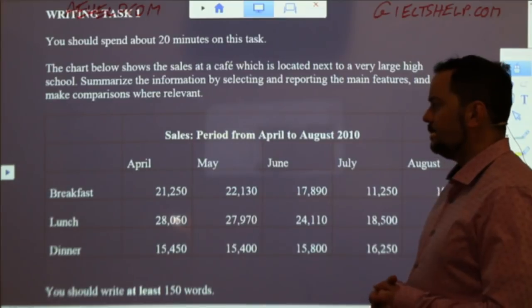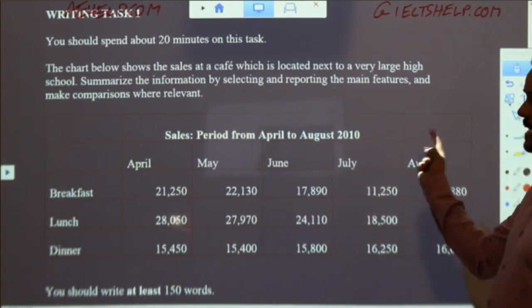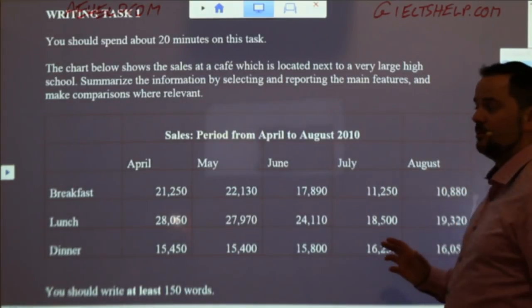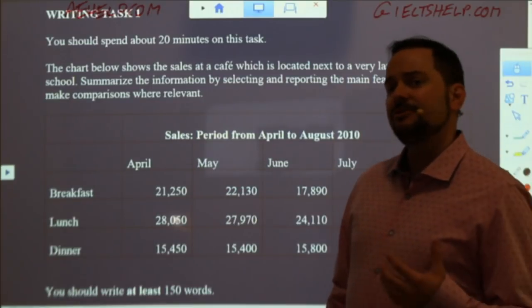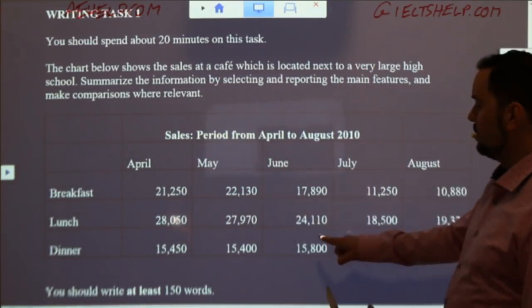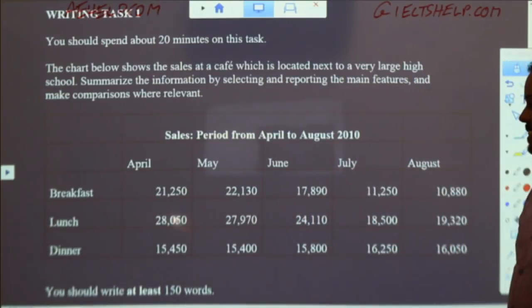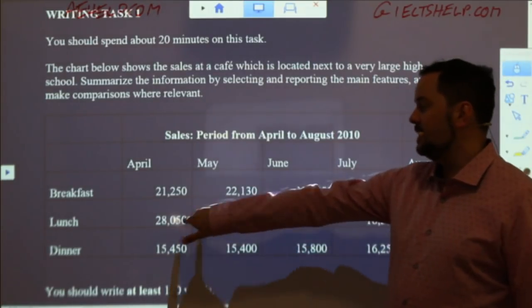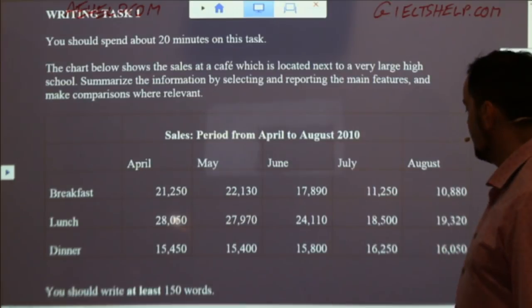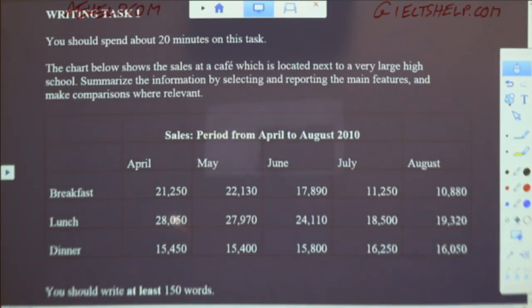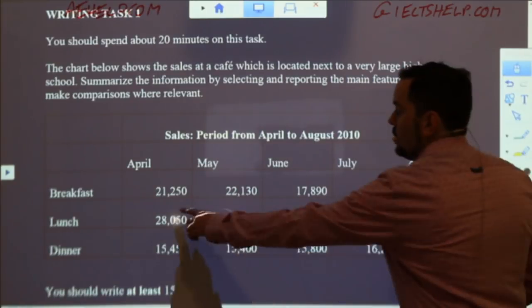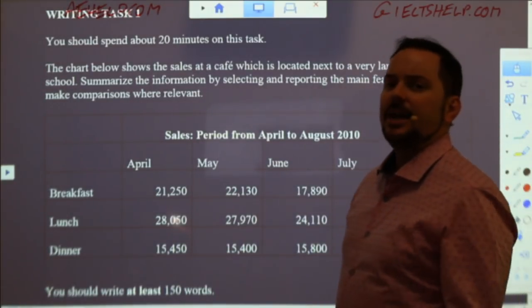Now, when you see a simple table like this, and all of task 1 is just a simple table, you definitely have to do more than just try to compare these numbers to each other for similarities and differences. So if you try to compare these, and then compare these, and then contrast this one with this one, you can get an okay score.